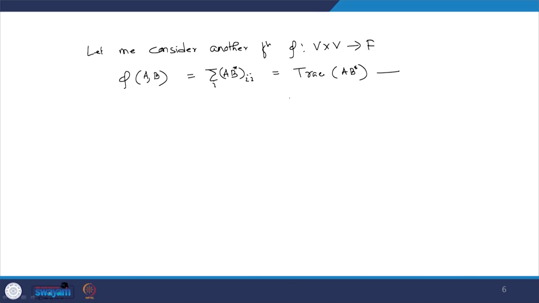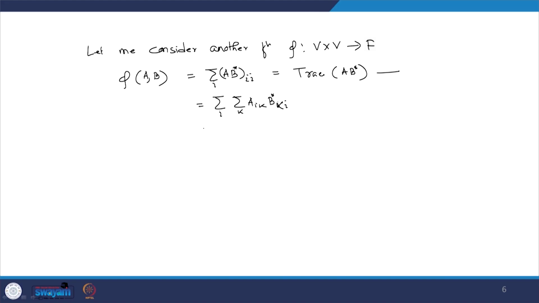So, we see that this is equal to sigma over i, and this is again sigma A_ik and B star_ki, over k equal to 1 to n.